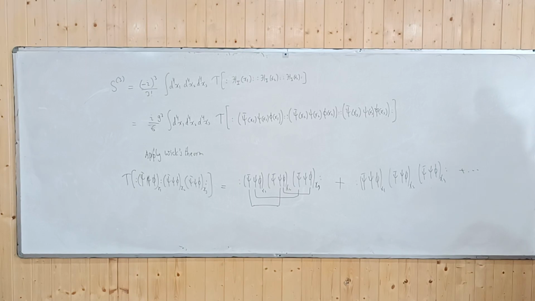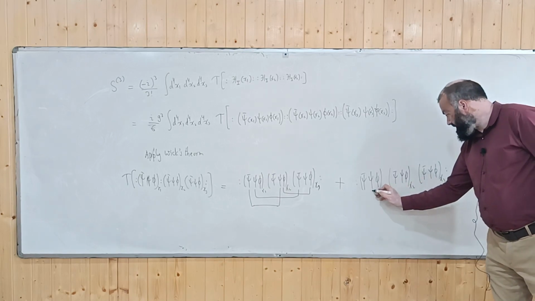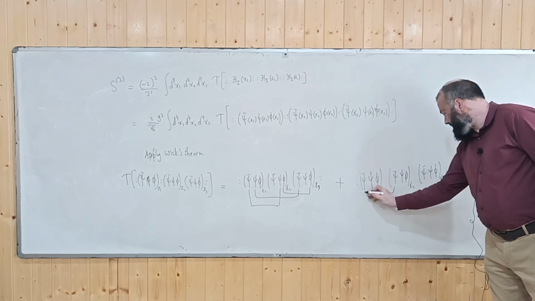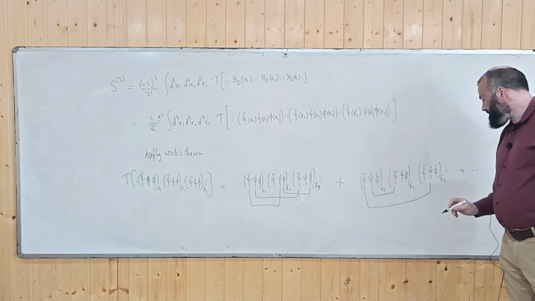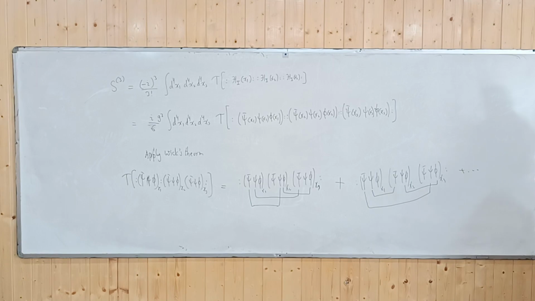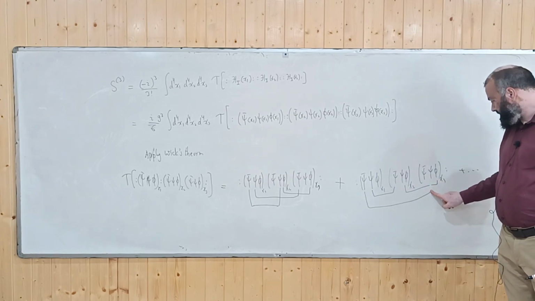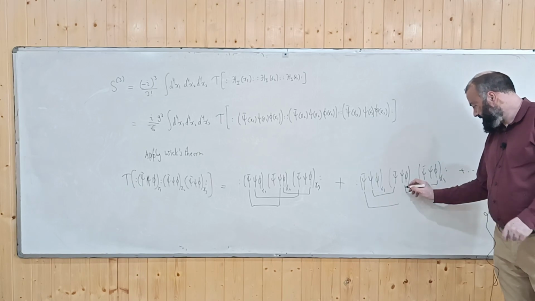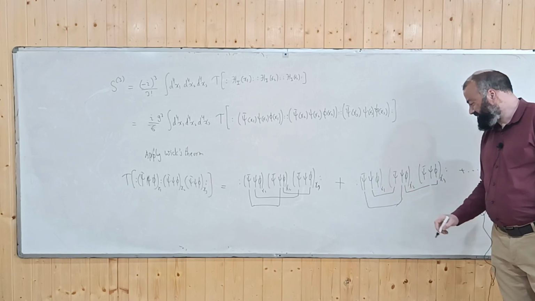So let me write this thing: this psi and psi bar. Let's take this psi bar and psi, and take this phi and phi. Clear? Or you can contract it this way. So let me take this bit.